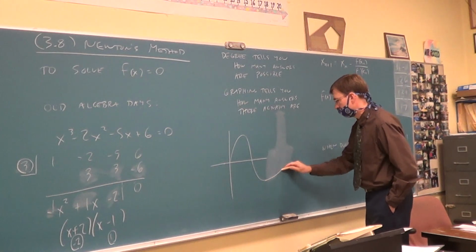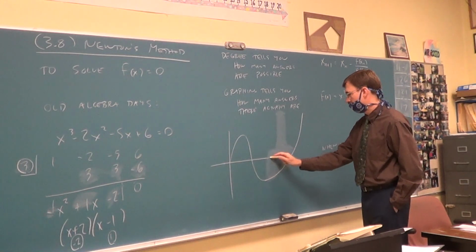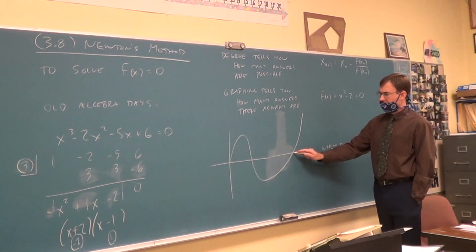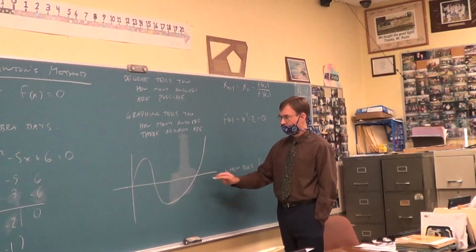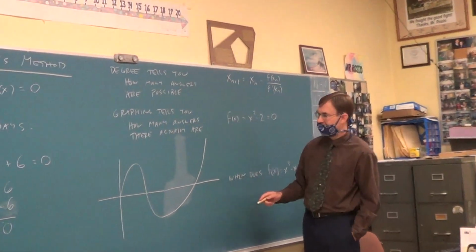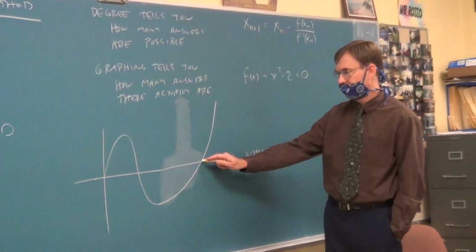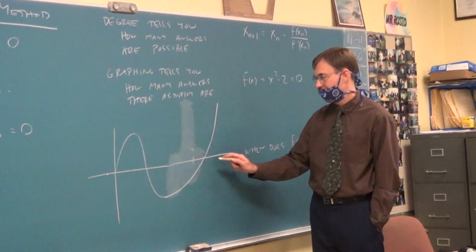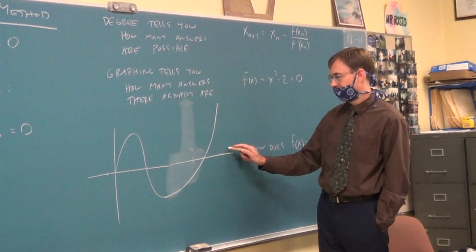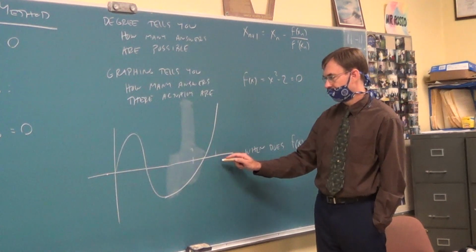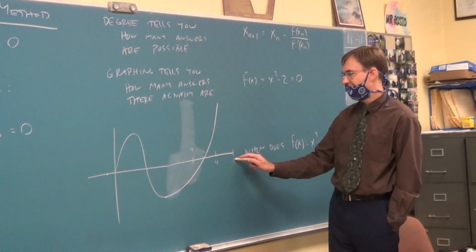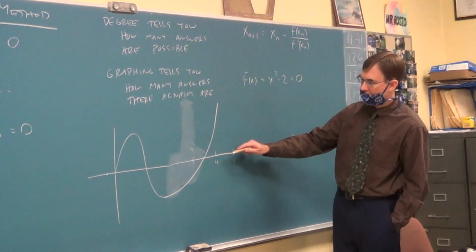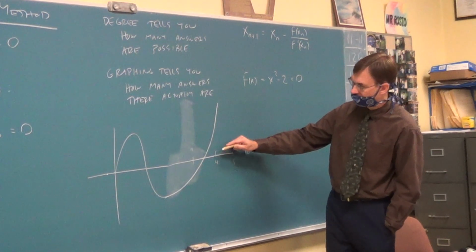If you wanted to find this point, you'd make a guess somewhere in that area. If this were 3 and this were 4, 5, we're probably a little closer to 4 than anything. So he might just make a guess of 4.